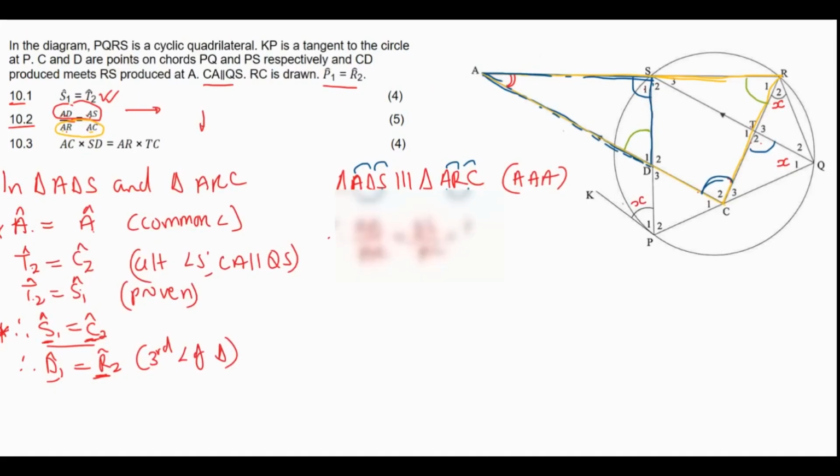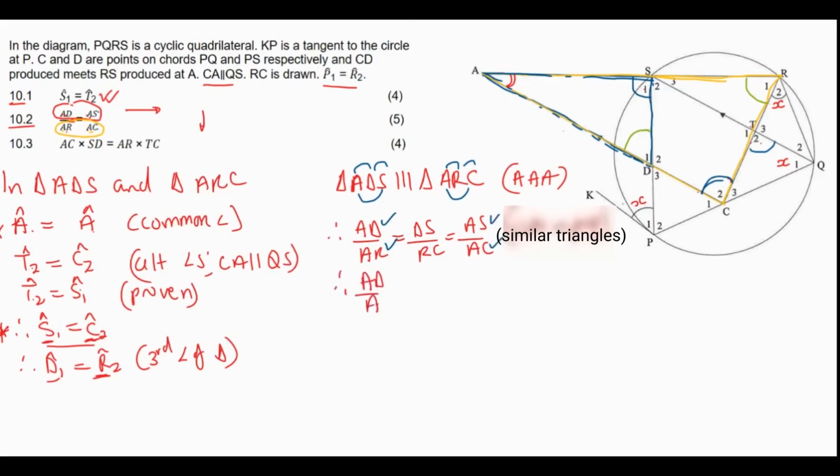And I want to prove that AD over AR, so we have this AD over AR is equal to AS over AC. Therefore, AD over AR is equal to AS over AC. Done.